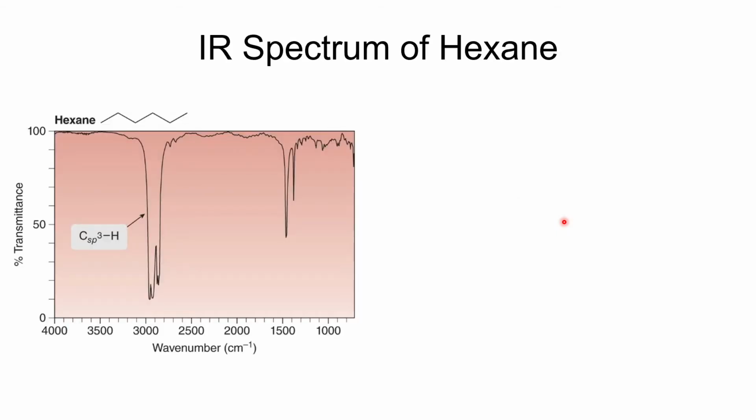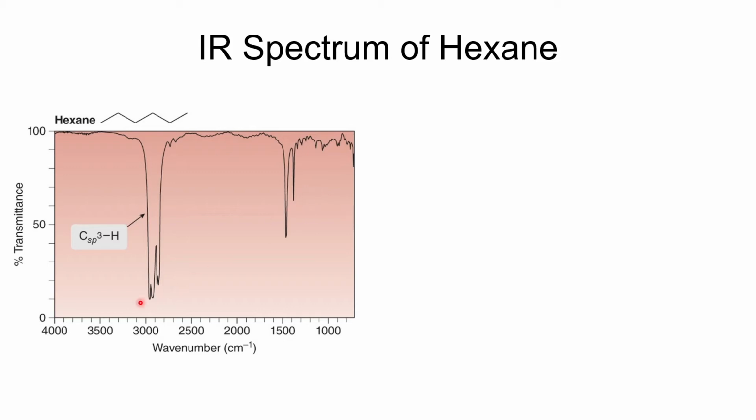All right, so in this section, we're going to be looking at a bunch of different IR spectra and seeing what we should expect. They're labeled, so it's not too terribly difficult. Hexane is a very simple compound. We've got carbon-carbon bonds. Those are going to show up over here. That's what these very simple peaks are.